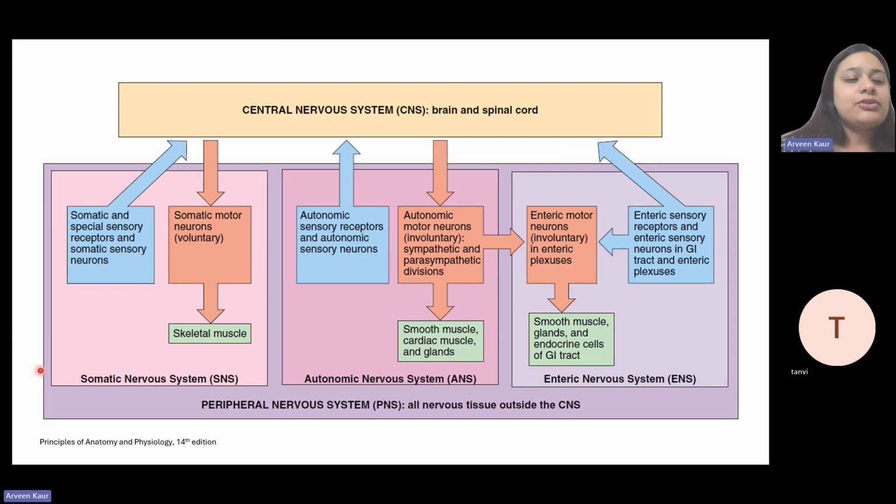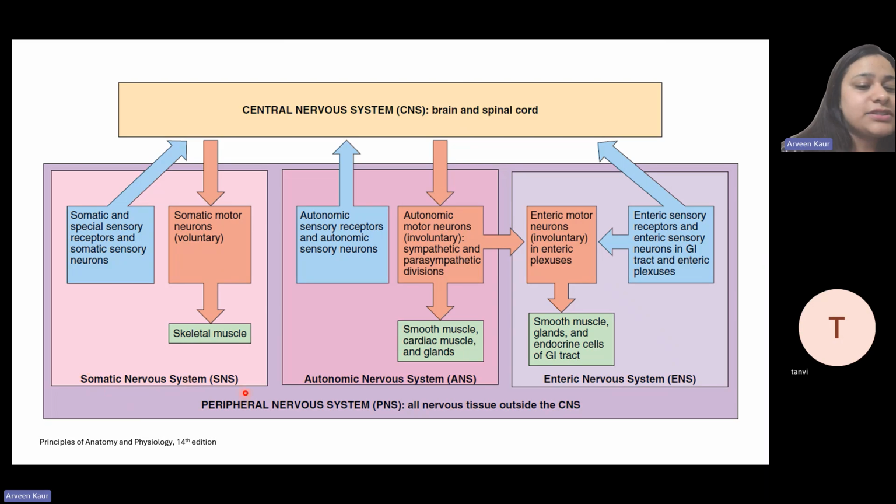So when we talk about the somatic nervous system, what is it? It has something to do with motion. Special sensory receptors and somatic sensory neurons basically connect this somatic nervous system to the central nervous system, and motor neurons that are present receive signals from the central nervous system and respond over here.